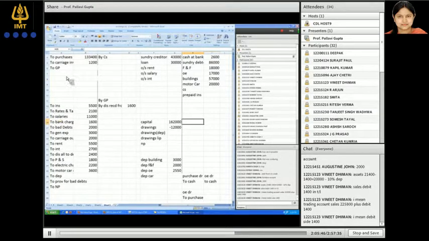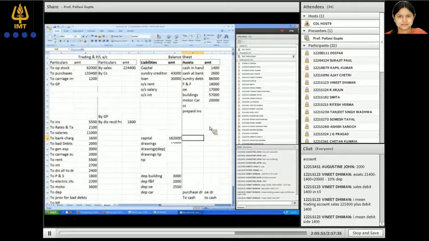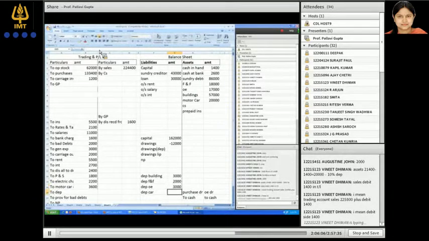Right. Next adjustment is car has to be depreciated by 20%. Car is standing at 20,000, so the depreciation on this would be 20,000 into 20%, 4,000 would be the depreciation amount, and this would be reduced from the value of the car also, minus 4,000.